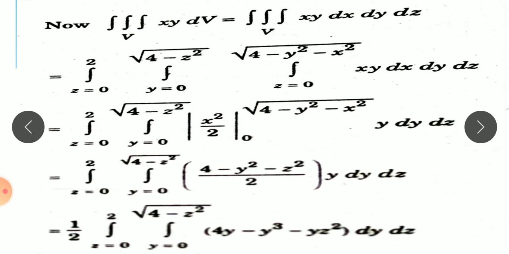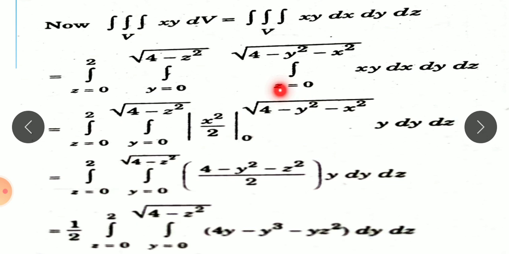Now for this we are considering the xy dv. So obviously the z term won't come. We are taking the x value from 0 to, see here, this is x, please change it. x is equal to 0 to root of 4 minus y square minus z square, because they have given x square plus y square plus z square equal to 4.